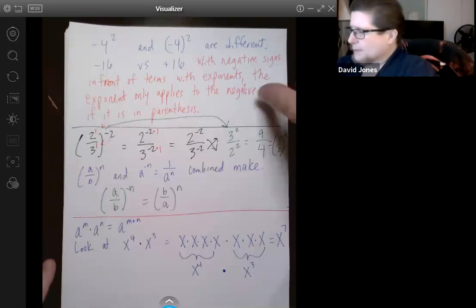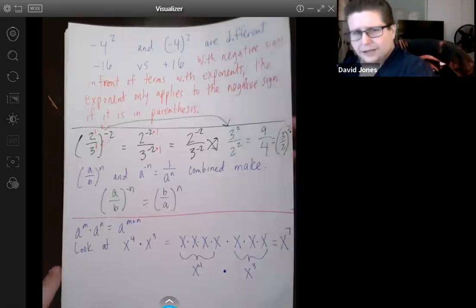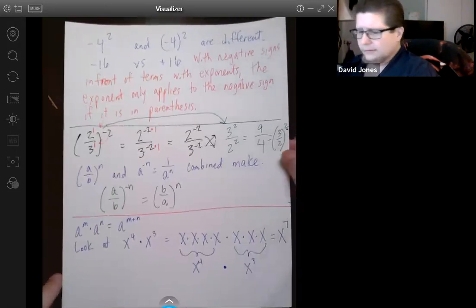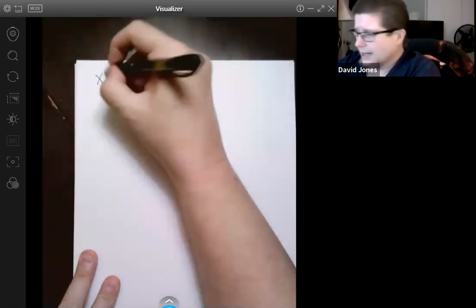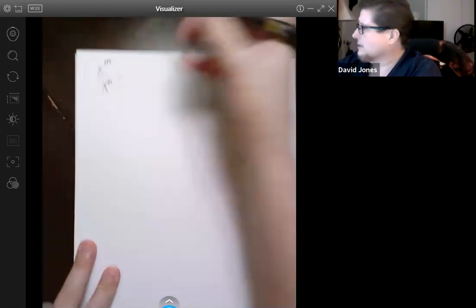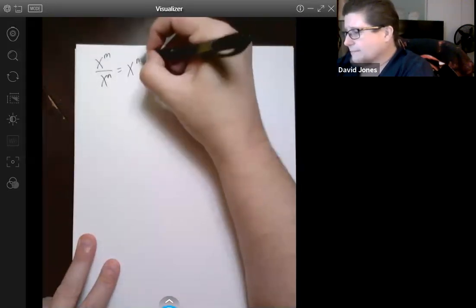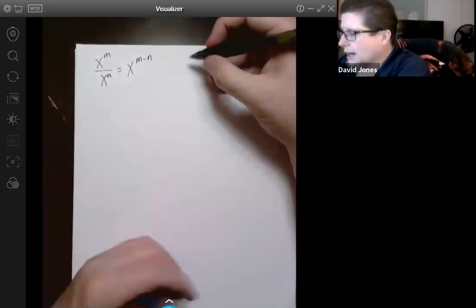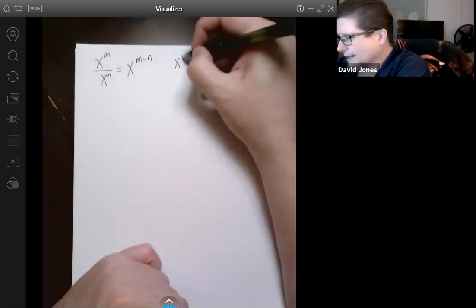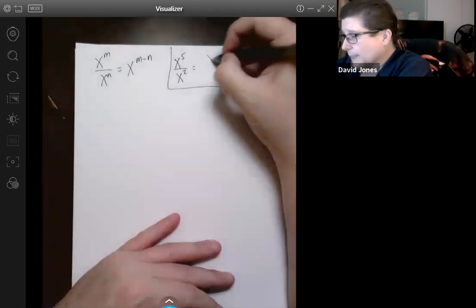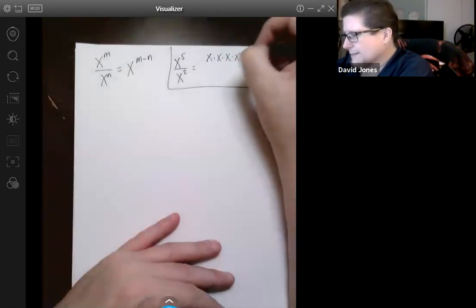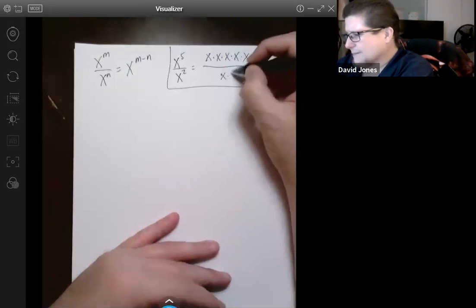The same thing happened with subtraction. I believe we illustrated this before, but I will show it again. x to the m over x to the n is x to the m minus n. I used a before. Let's use x to the 5th over x squared. Our example here: x times x times x times x times x on top, x times x on bottom.